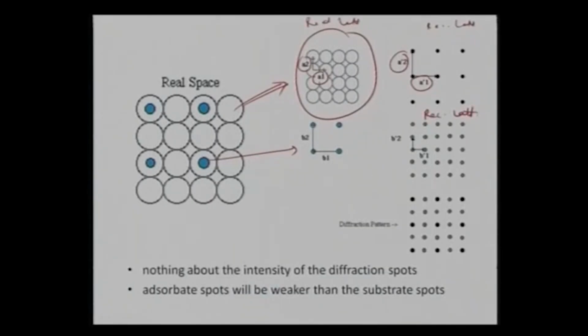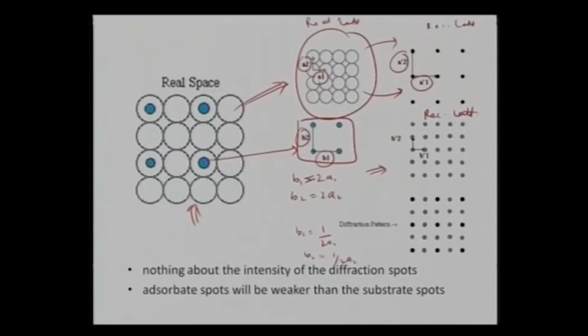This particular part gives me a certain diffraction pattern. Then in the second case I have my B1 and B2, which are twice A1 and twice A2. From construction I can see it from here. So B1 is equal to 2 times A1, and B2 is equal to 2 times A2. What happens in the reciprocal lattice is that B1 becomes half of that and B2 becomes half of that.